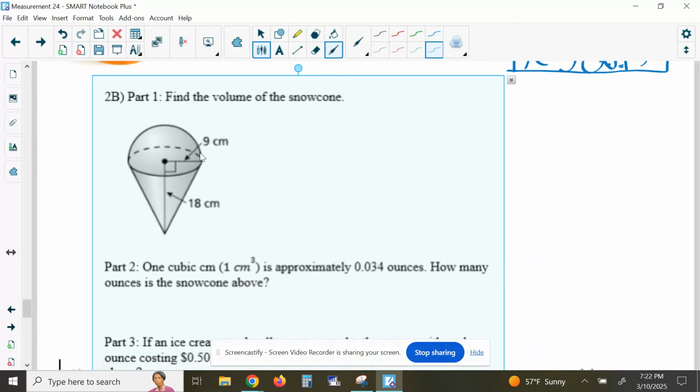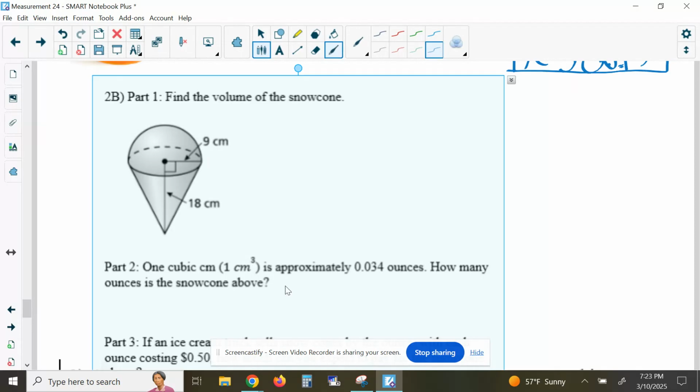Okay, so we are just going to find the volume of this ice cream cone. That looks like nothing fancy. You are given the information that you need. 1 cubic centimeter is approximately 0.034 ounces. How many ounces is the snow cone above? So you want to know how many of these are going to go into that snow cone.